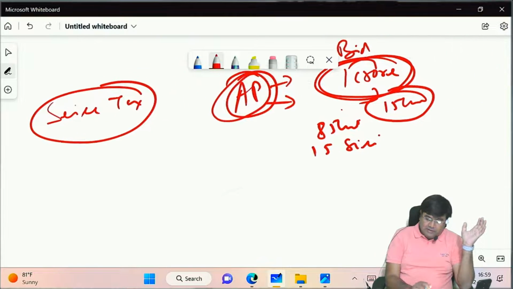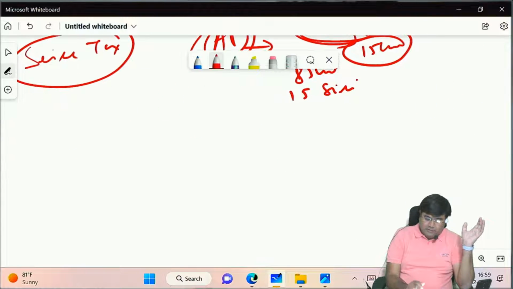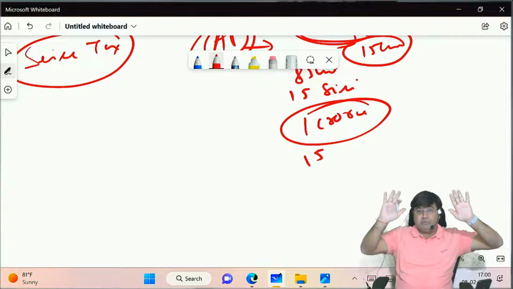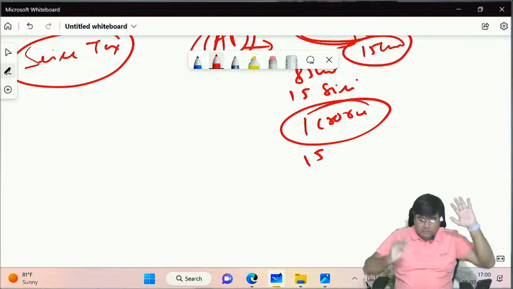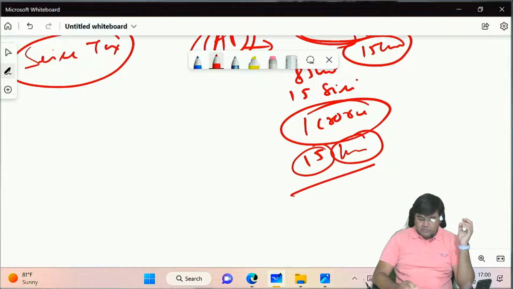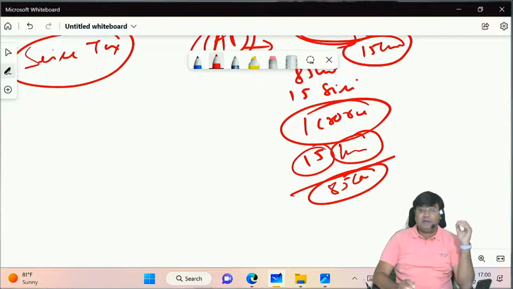So in GST also, if the same auction is happening, the bidder is going to say I am bidding for the total amount. So the bidder is going to pay 1 crore inclusive of GST. Let's say 15 lakh is the GST amount. So the government revenue is only 85 lakh.